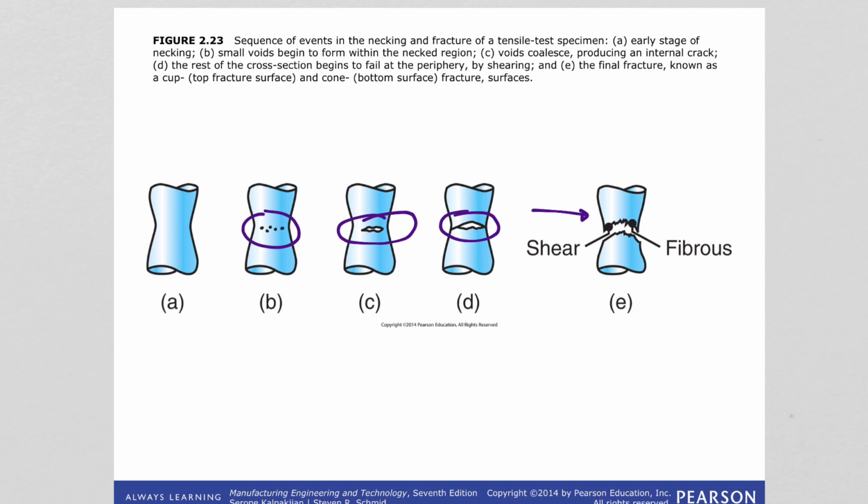And if we examine closely the surface of ductile fracture, we see a fibrous pattern with dimples. And fracture begins at the center of the neck region, right there, right? And the crack then propagates and results in the failure. And as you can also see, we are seeing the cup and cone fracture here also.